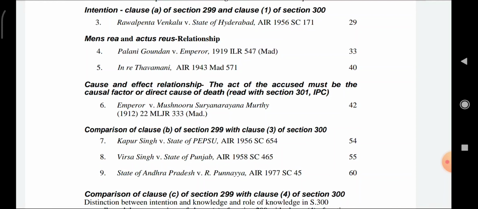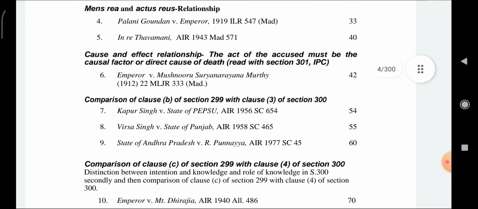Comparison of clause B of section 299 with sub-section 3 of section 300. There are three leading cases for this: Kapur Singh versus State of PEPSU, Virsa Singh versus State of Punjab, State of Andhra Pradesh versus R. Punnayya.